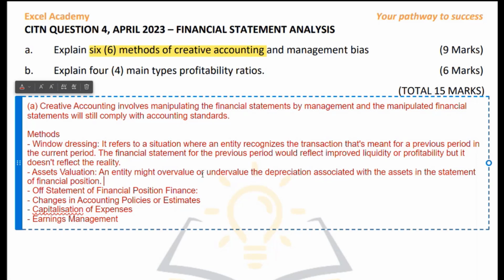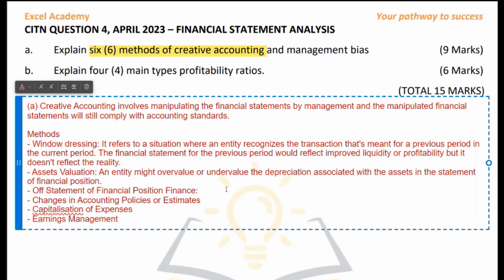For the straight line method, the depreciation will be the same for all the years, but for the reducing balance method, the first year would have an increase in expenses. So the entity might want to do this to reduce profit and to reduce tax liability, but it doesn't make it right.